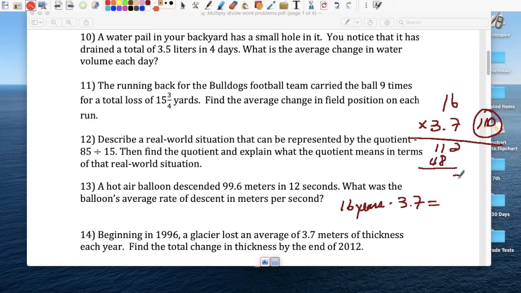If we add this up, we get 2, 5, 9, and because my answer has to have the same number of decimal places as the factors I multiplied, I put it right here. Matches. So in 16 years, the glacier lost 59.2 meters of thickness.